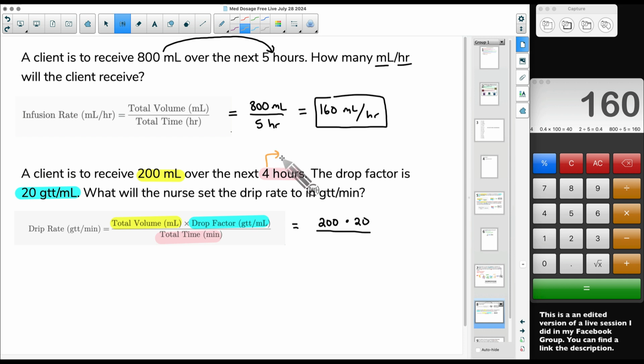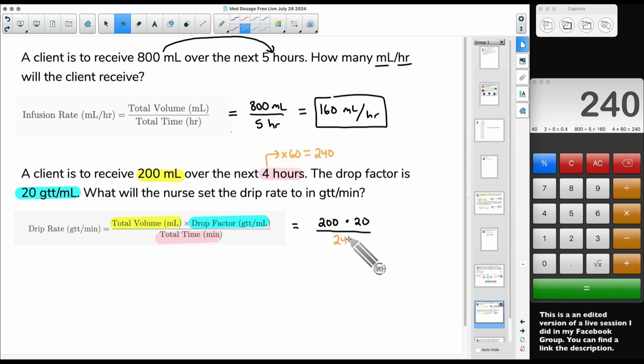If there's 4 hours, we take 4 hours, we multiply it by 60, because there's 60 minutes in every hour. 1 hour would be 60 minutes. 2 hours would be 120 minutes. 3 hours would be 180 minutes. And 4 hours, 4 times 60, that is a total of 240 minutes.